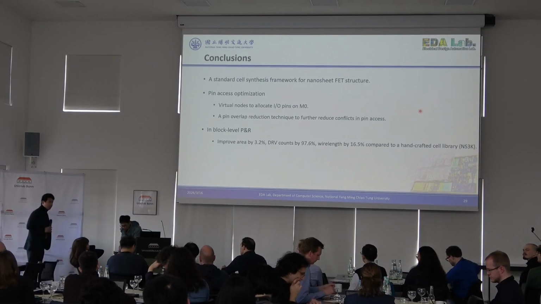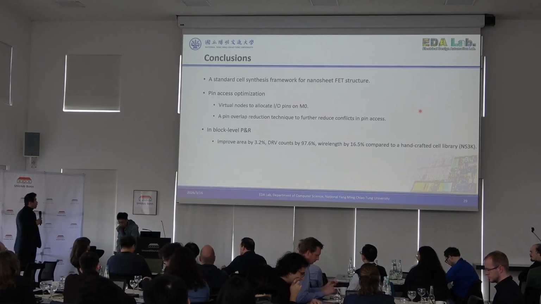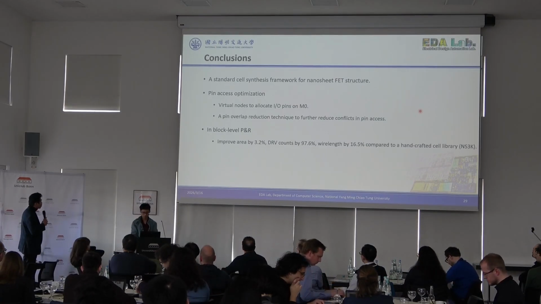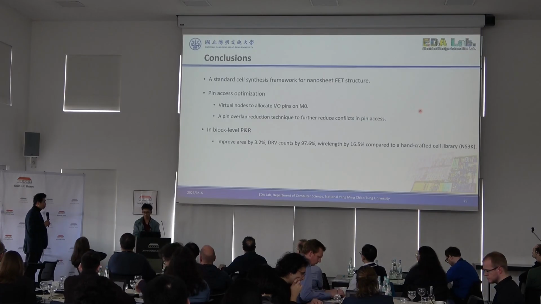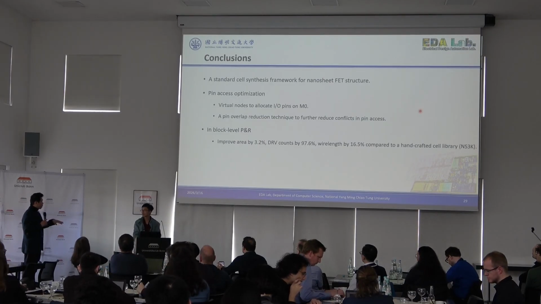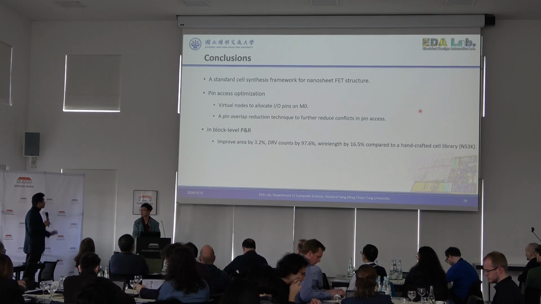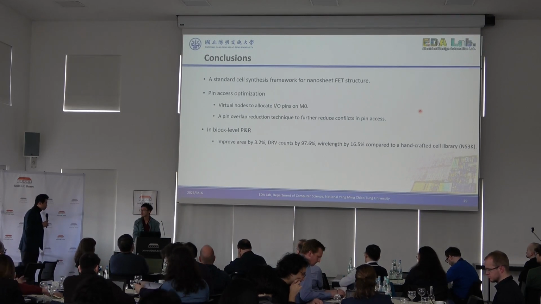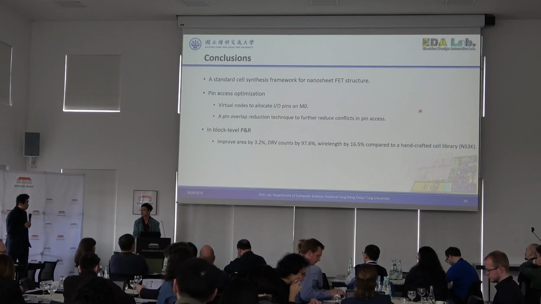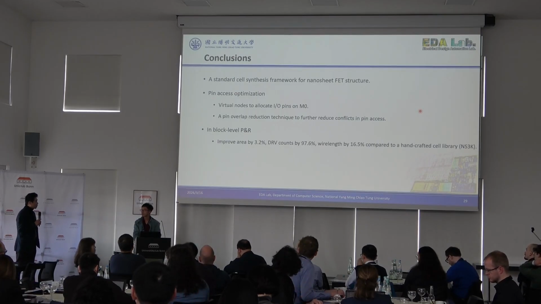Okay, I have a question. It looks like previously there is some work that can be configured for this kind of nanosheet, for example, the CFET-based routing from CK Cheng's group. Do you consider comparing with them?